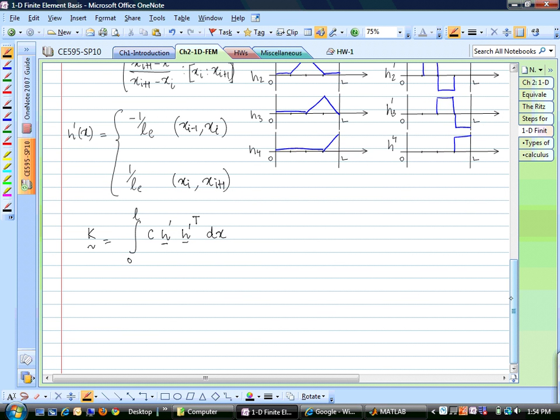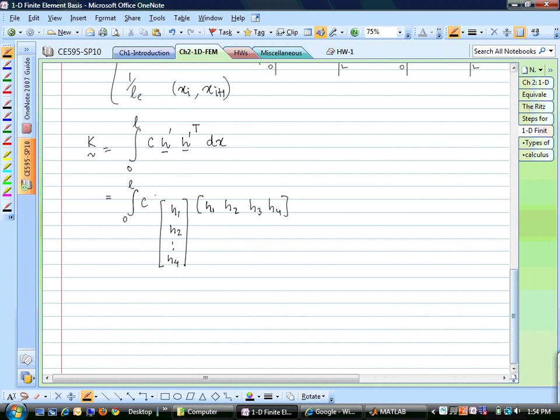So this is nothing but integral 0 to L of H1, H2, H3, H4 times H1, H2, H3, H4, all primes.